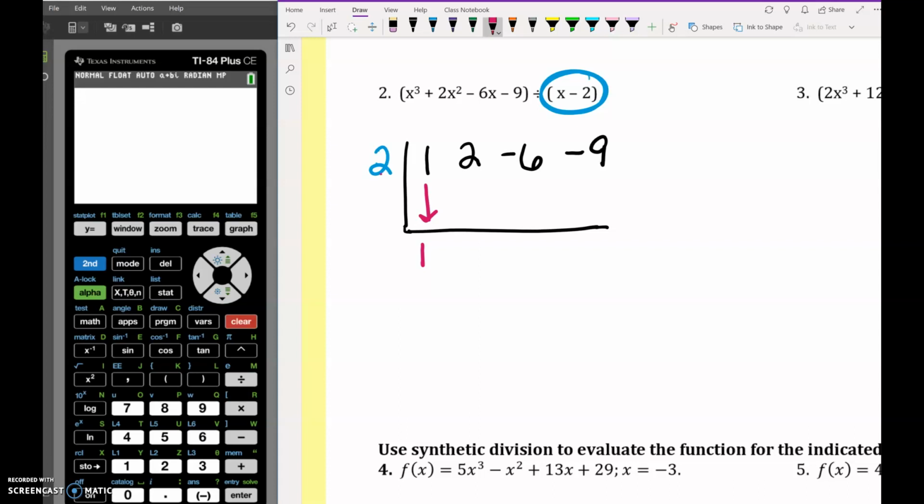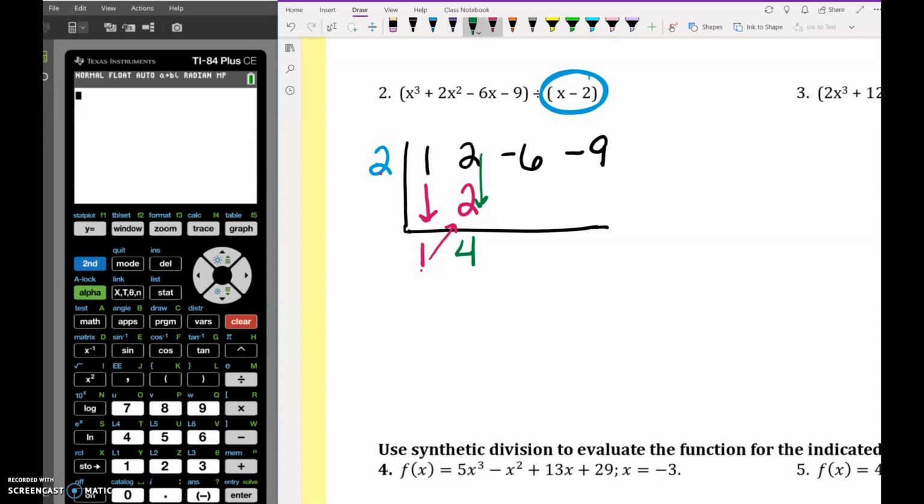So multiply 2 times 1, because that's definitely what's written on this page. 2 times 1 is 2. And then you add. 2 plus 2 is 4. Now, do you really need to draw the arrows in there?